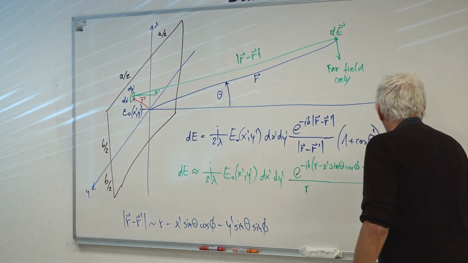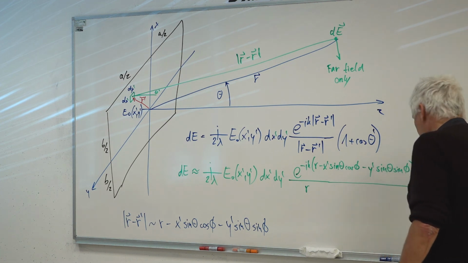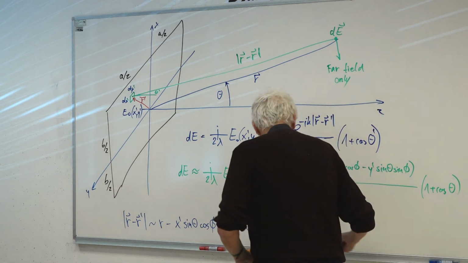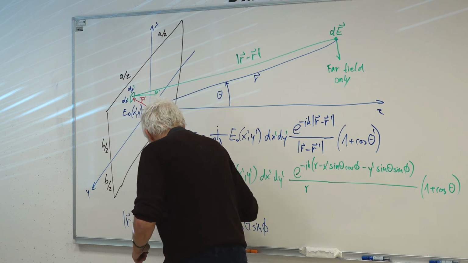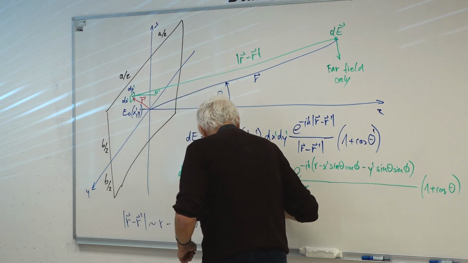Okay, 1 plus cosine theta. What are these projections? I wrote here in such a strange way. So this is actually cosine of theta x. And this thing here is cosine of theta y.